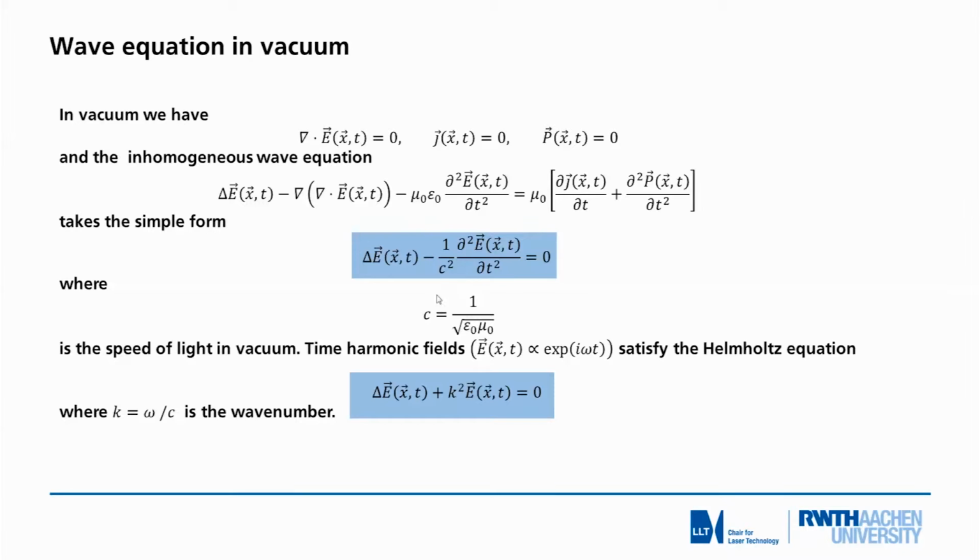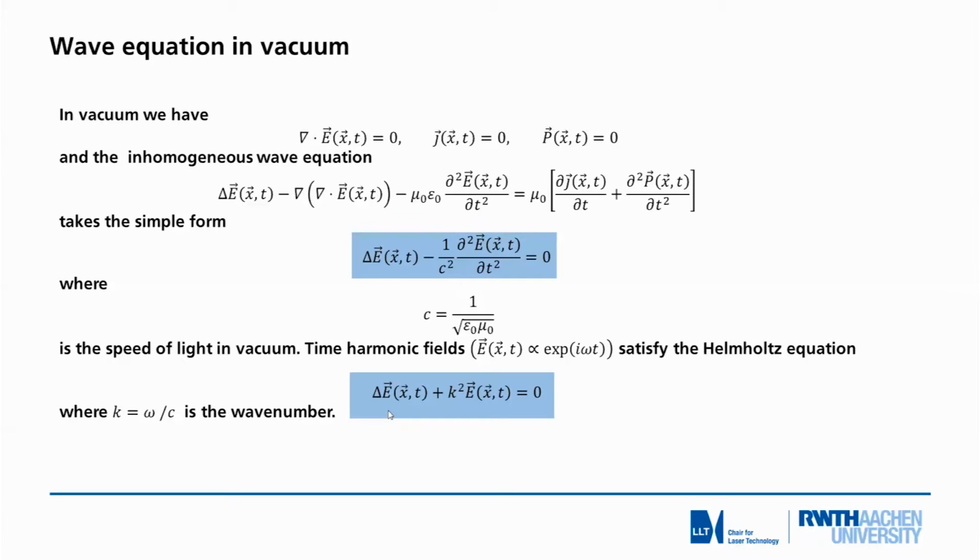And the constant of proportionality is just the speed of light squared, which relates to other electromagnetic constants like the permittivity and the permeability. If we separate the solutions and take the ansatz of an exponential time dependence of the electric field, we end up with an expression just for the spatial behavior, of course with the corresponding time dependence which is set in the ansatz.